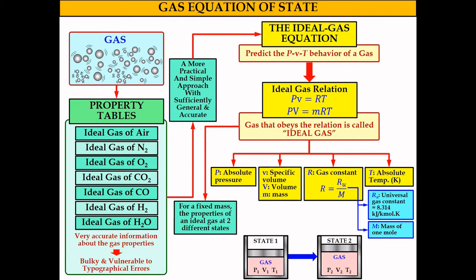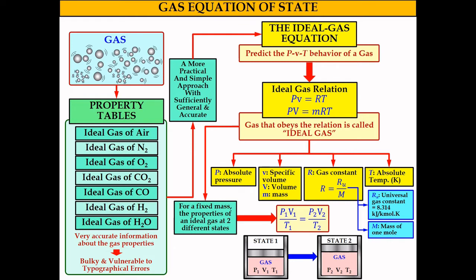After a period of time during the process, at the final state, which is state number 2, the gas properties will change to pressure, volume, and temperature, which we state as P2, V2, and T2. So now we have two different states.